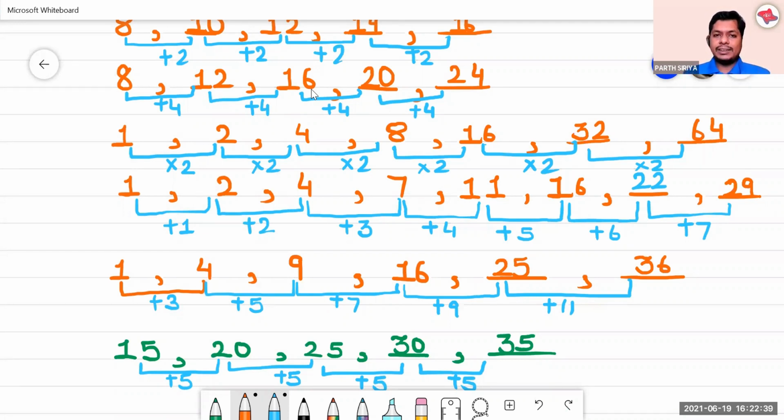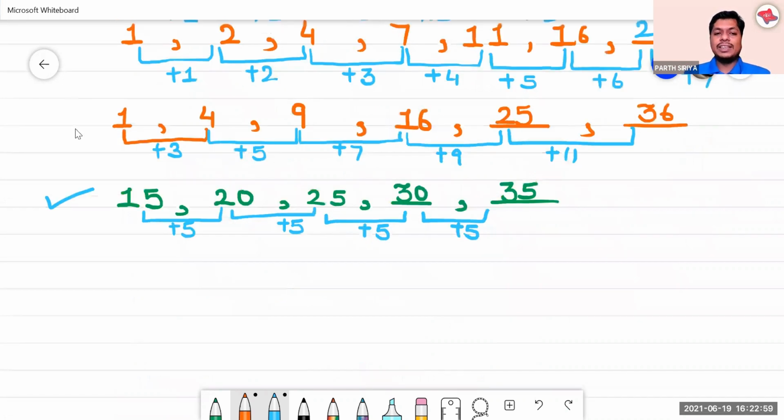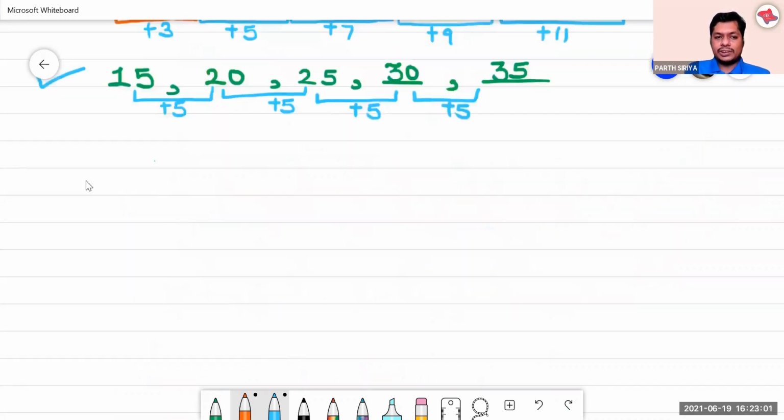So the pattern in which you add the same number again and again, like we are adding 5 again and again over here, we are adding 4 again and again over here, we are adding 2 again and again over here, those patterns are known as arithmetic progressions.